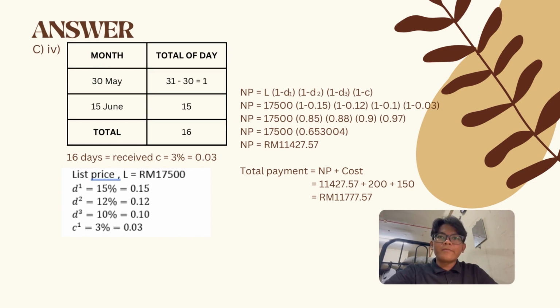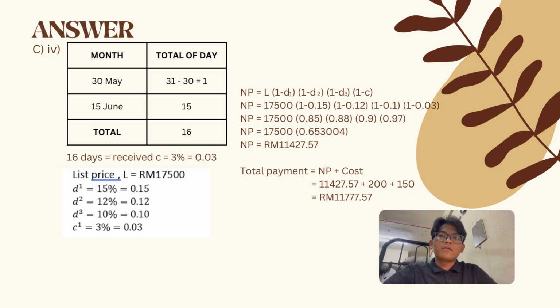C4. To find the total payment, first we search for the total of days, so we get 16 days. And then the formula is NP equals L times (1 minus D1)(1 minus D2)(1 minus D3)(1 minus C). So we put all the information in the formula. NP equals 17,500 times 0.85, 0.88, 0.9, 0.97, and then NP equals 17,500 times 0.653004.